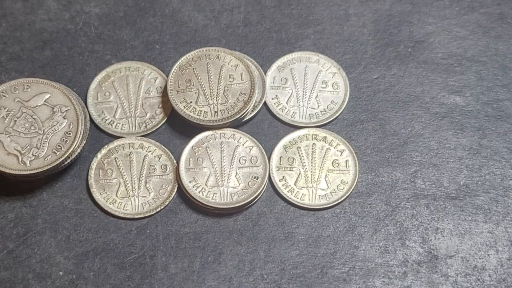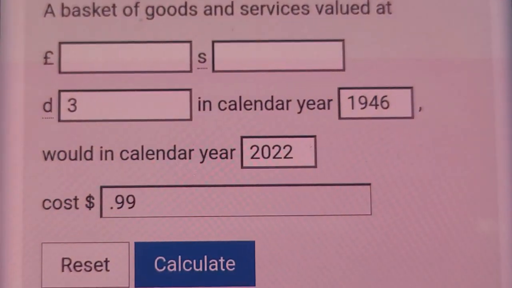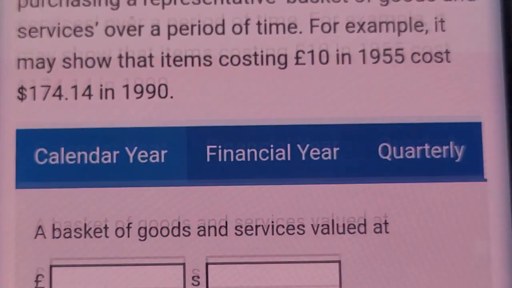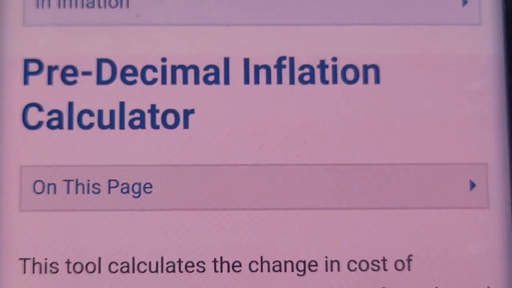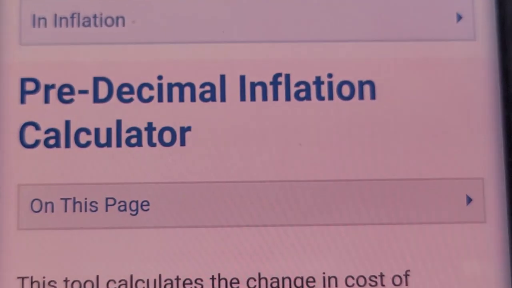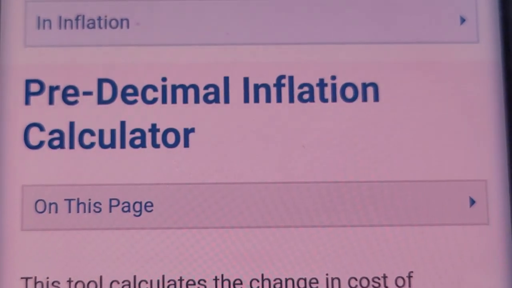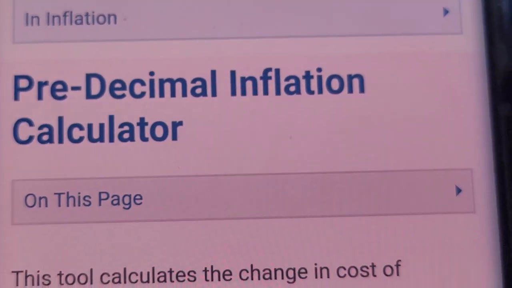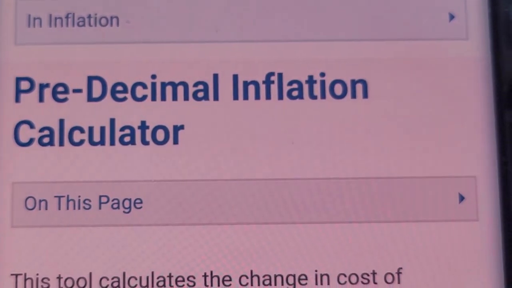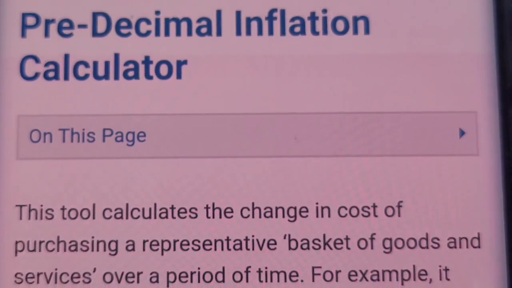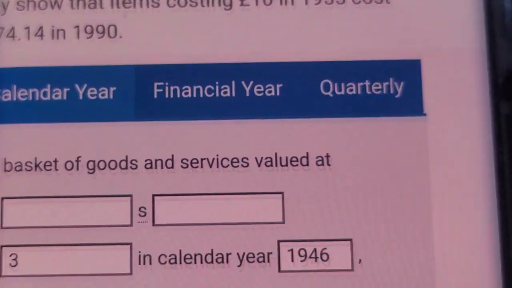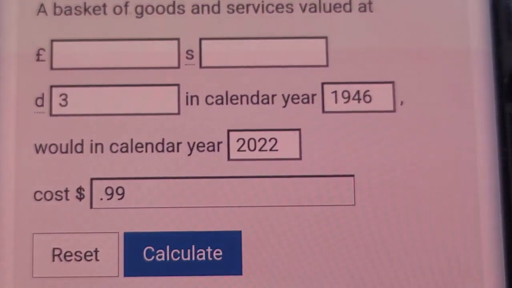Then we need to look at the value of the actual coin that we're looking at. We're looking at the threepence. I take this with a grain of salt because it's from the RBA, and the RBA is not very good at predicting things. The inflation calculator also reduces a lot of things. Currently they omit houses and all that stuff. It's designed to actually make inflation look good.